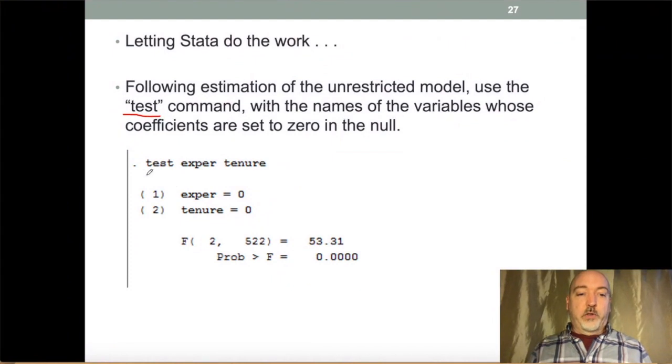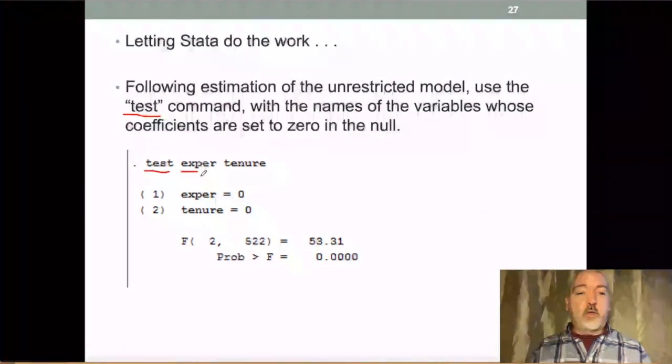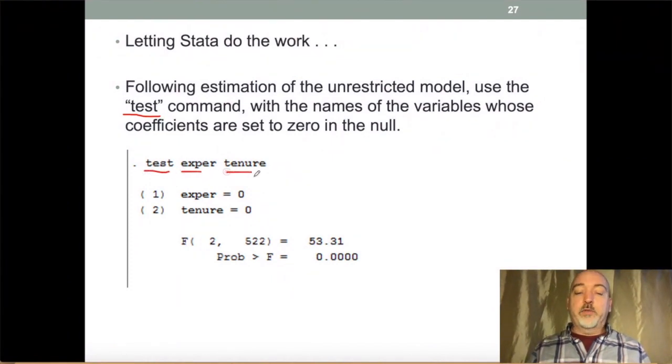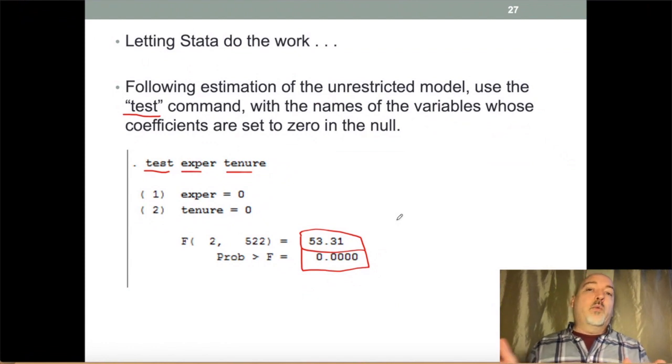So it would look simply like this: test, and then you list out the variable names whose coefficients are set to 0 in the null, and Stata does the calculation for us, gives us the F statistic, and even more conveniently gives us the p-value. So here, that p-value well below 0.01, we can strongly reject the null that those coefficients are 0.